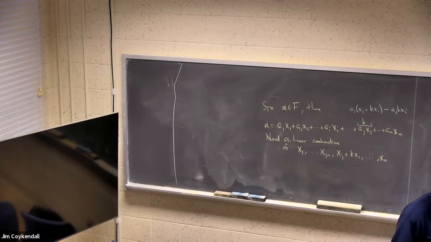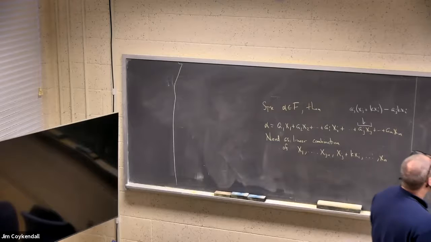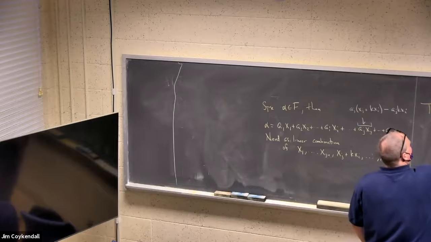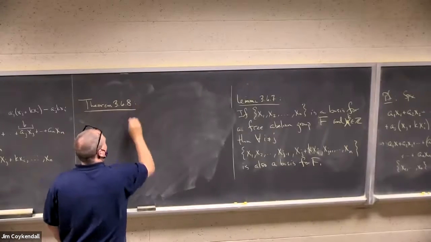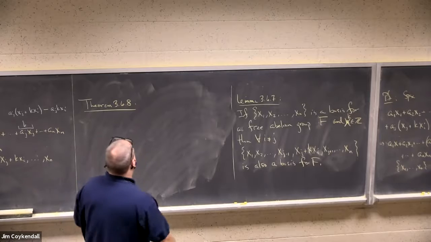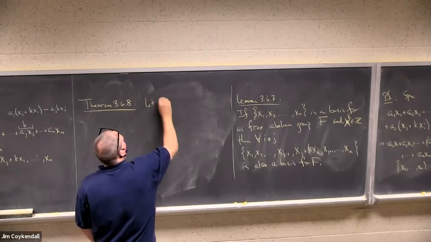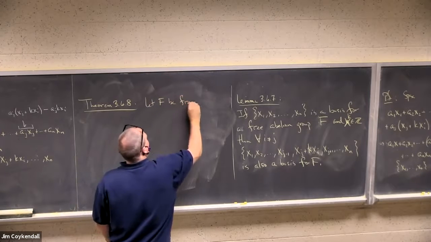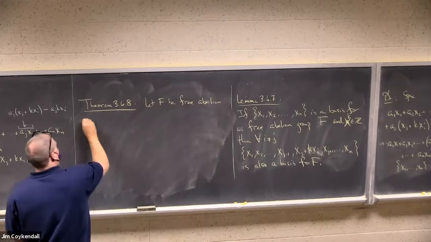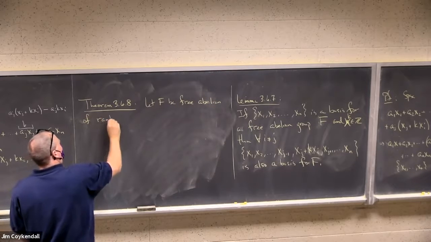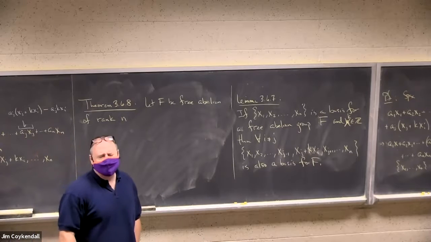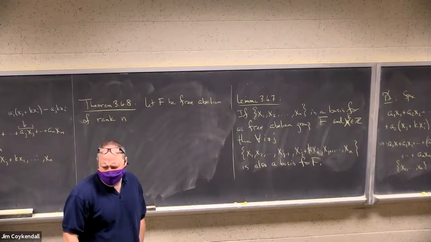Okay, so here's this kind of neat theorem. This is very useful. It comes up in module 2. Theorem 368. Let F be a free abelian group of finite rank, so this is isomorphic to n copies of Z, if you will.